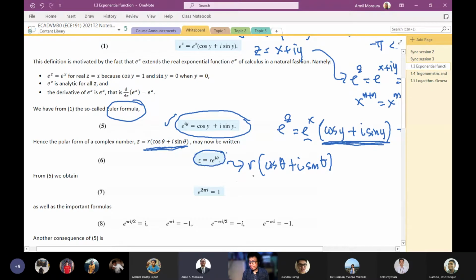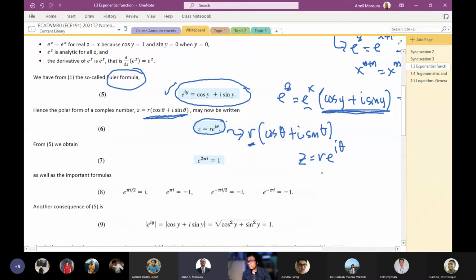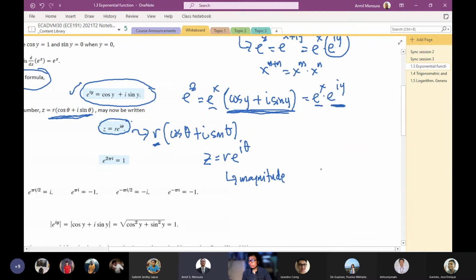So, yung r dito, r here, is the same as the r that is defined in the polar form. So, still, yung r dito, sa z equals r e raised to i theta, is still the magnitude, and is still equal to square root of x squared plus y squared.